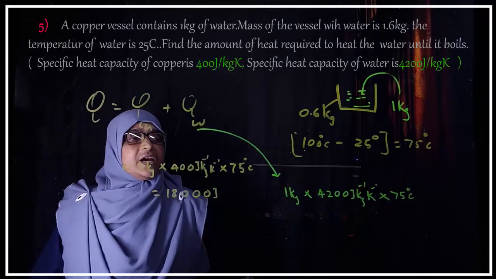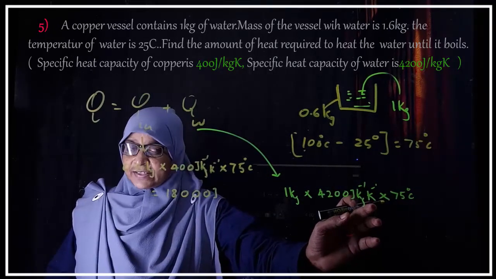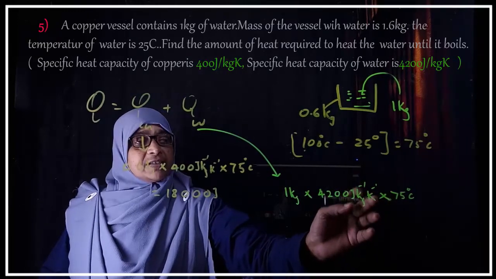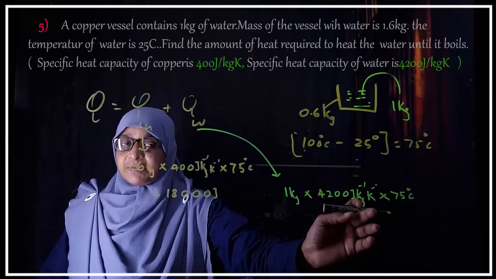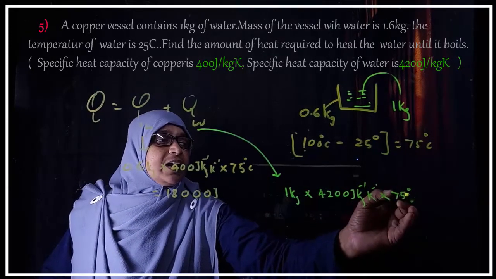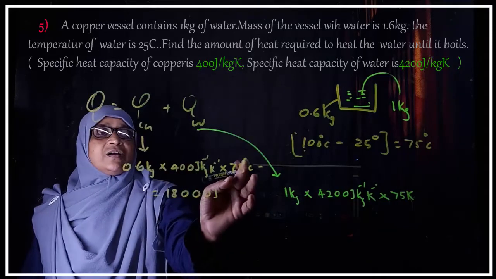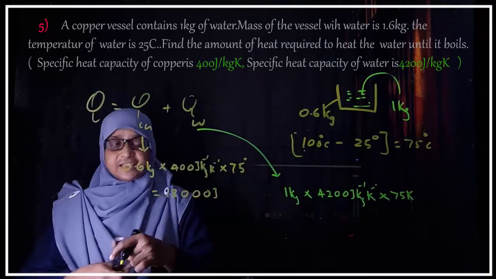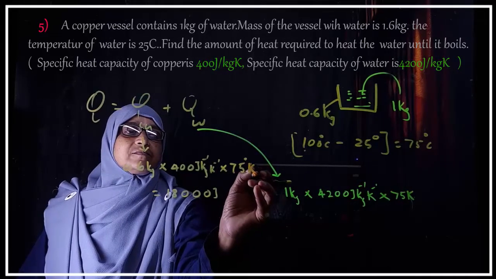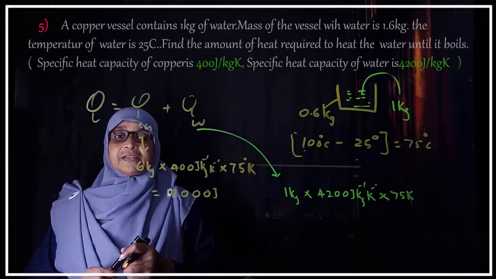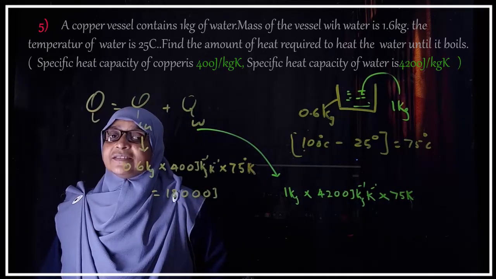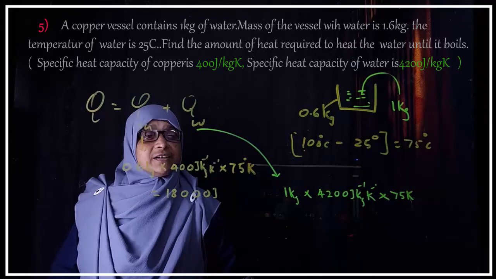Here I have written K minus 1, so it can be K minus 1 or degrees C minus 1. Both are equal. I mark it K. Here also, I want to change this to K. The temperature differences are equal in Kelvin and Celsius. We have learned that earlier.